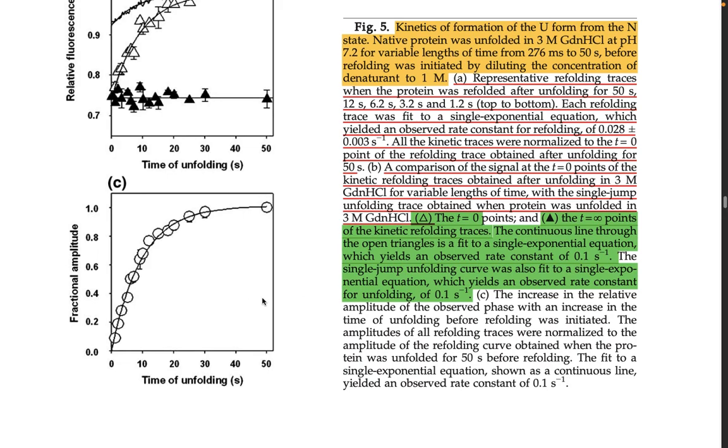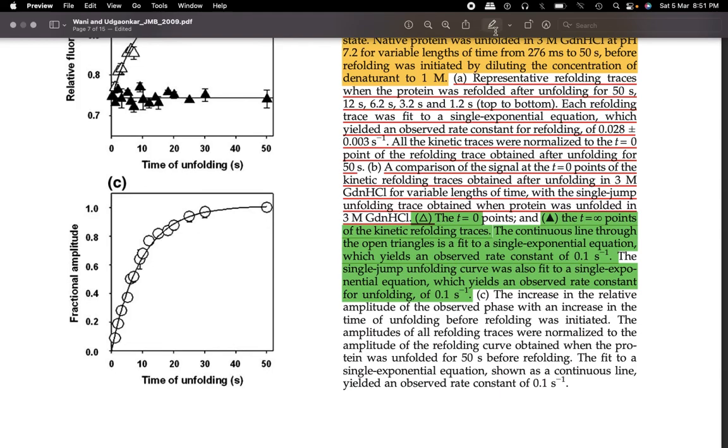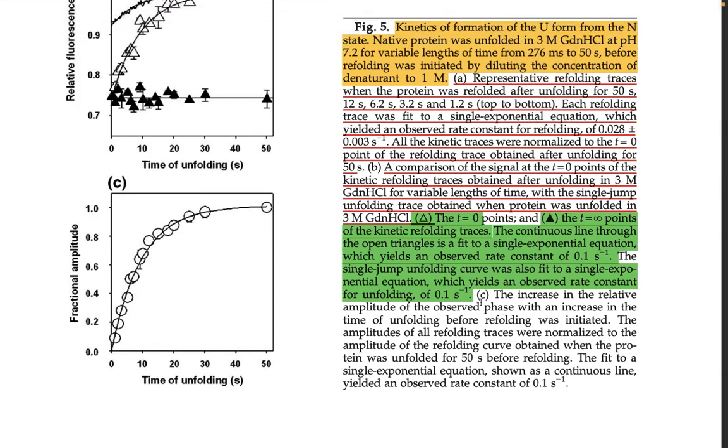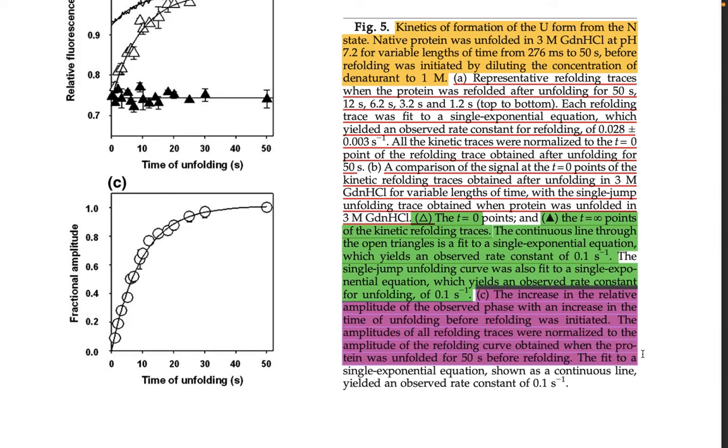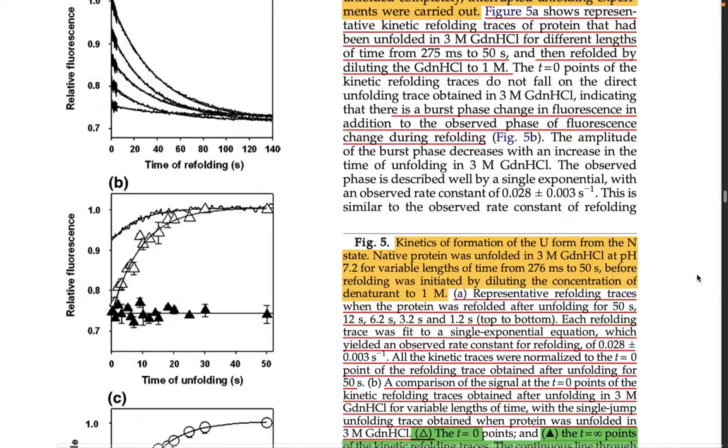The third is the increase in relative amplitude of the observed phase with an increase in the time of unfolding before refolding was initiated. The amplitude of all refolding traces were normalized to the amplitude of the refolding curves obtained when the protein was unfolded for 50 seconds before refolding. The fit to a single exponential equation shows the continuous line, right?